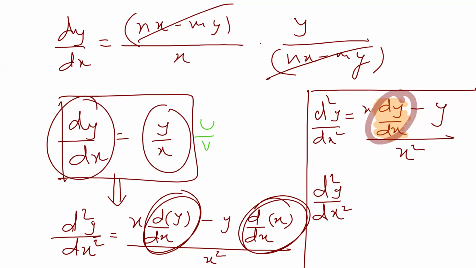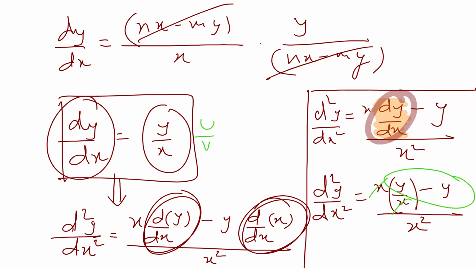So this is x into y upon x minus y upon x square. So x is getting cancelled. y minus y is 0. And 0 upon x square is 0. Right? Are you convinced with the solution of this particular proof?